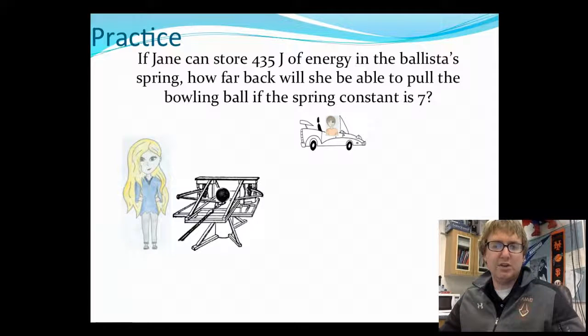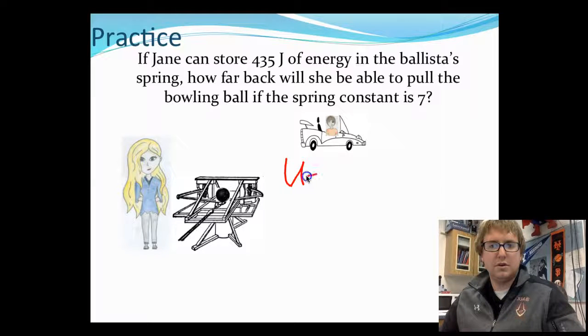So this is an energy problem, and if we look at it normally, we can tell that we've got energy here, we've got a number here, and we're trying to figure out what we're solving for. We know the equation is spring energy equals 1/2 kx squared. Right here we have our energy, 435 joules of it.